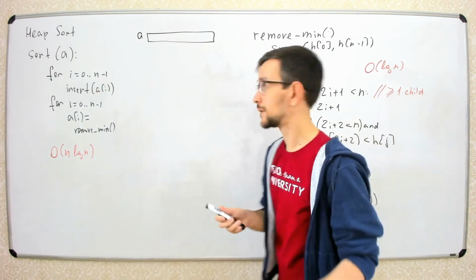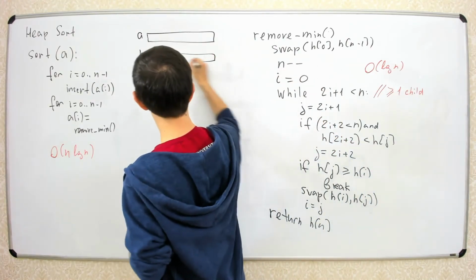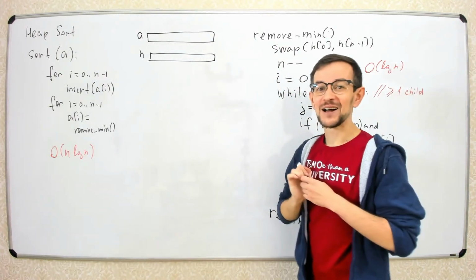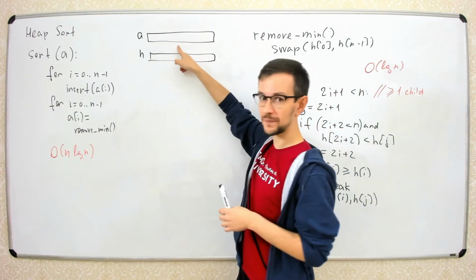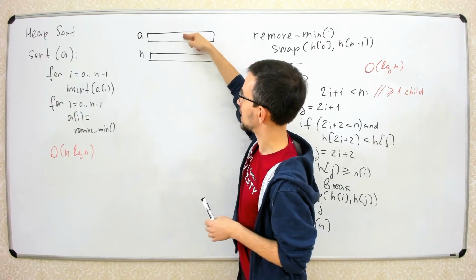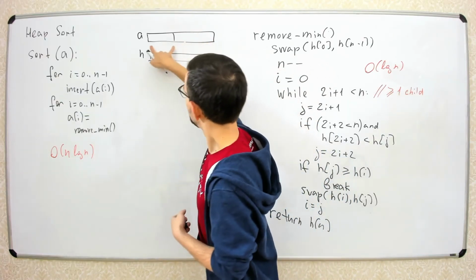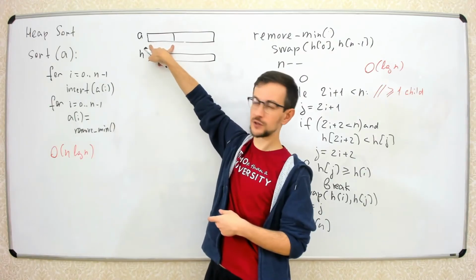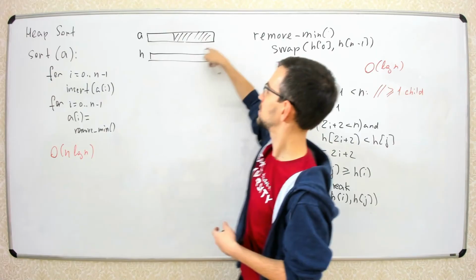Let's see what's happening. We have array A. You move from left to right and take elements from array A and insert them into array H. So you already inserted this element into array H, and now you have only these elements remaining.